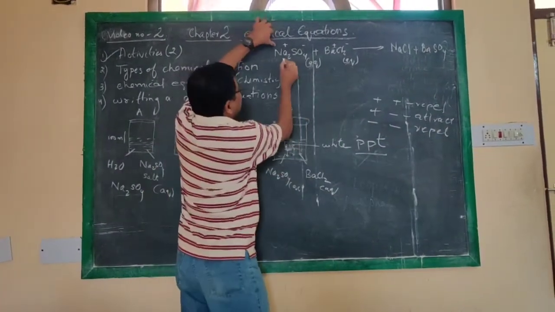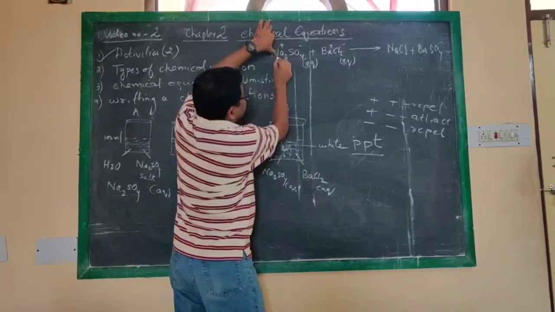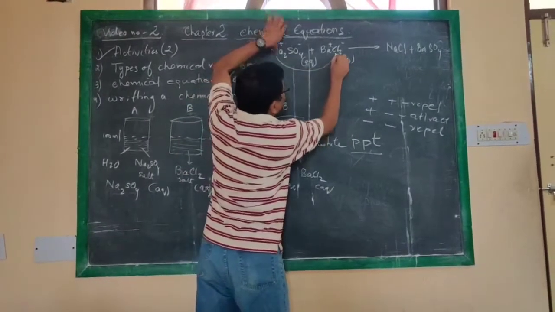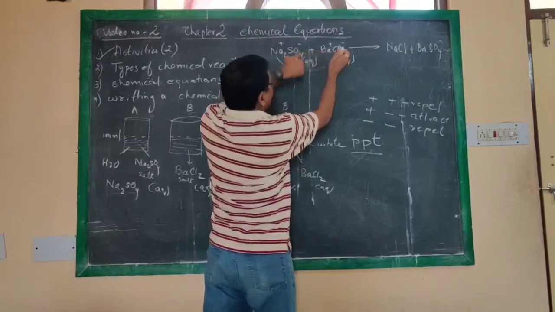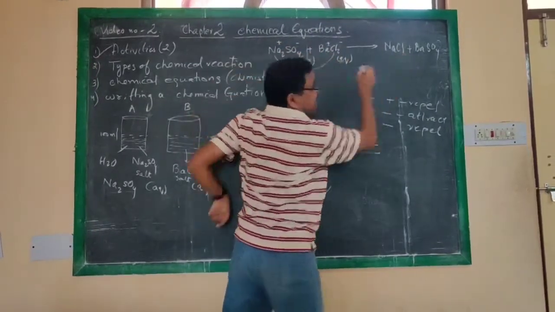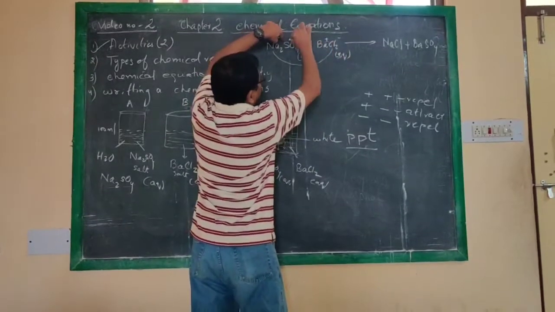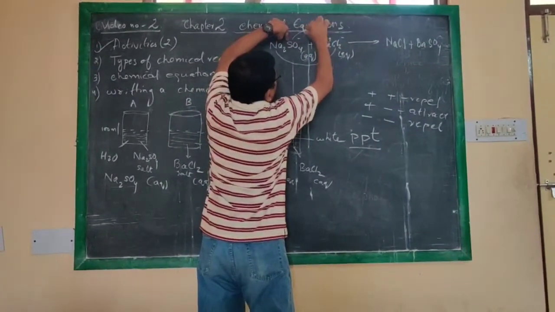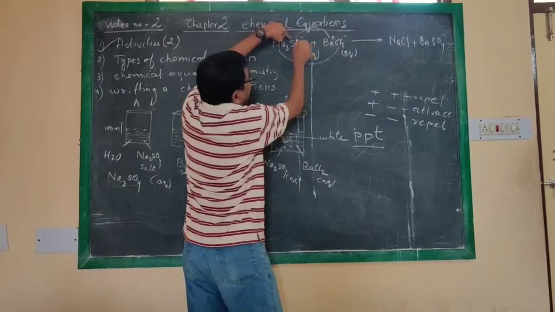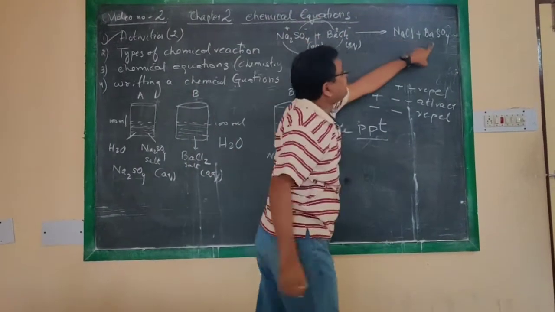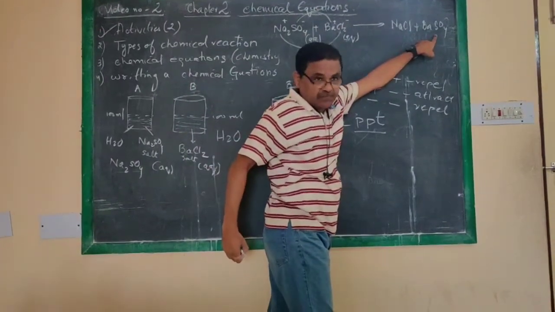Now here the sodium, which is positive, will go and join with the chloride, which is negative. Both will attract each other and form NaCl. Sulfate will go with Ba because positive and negative attract each other, and it forms barium sulfate.